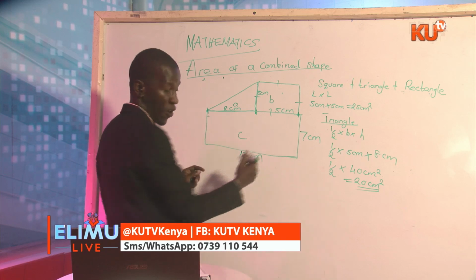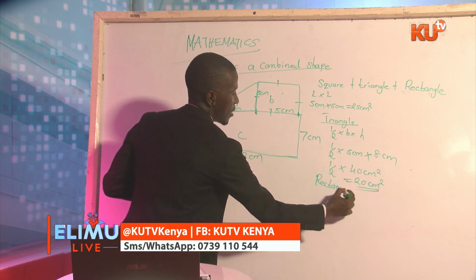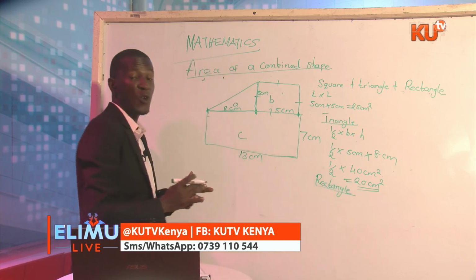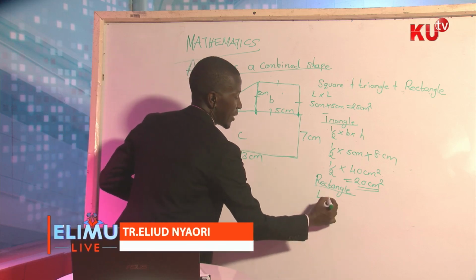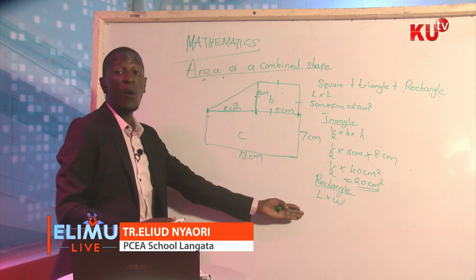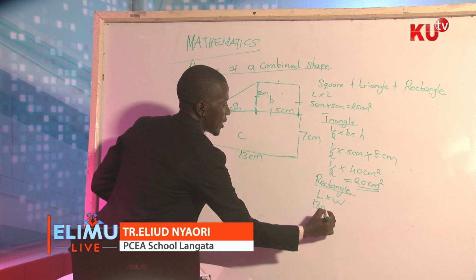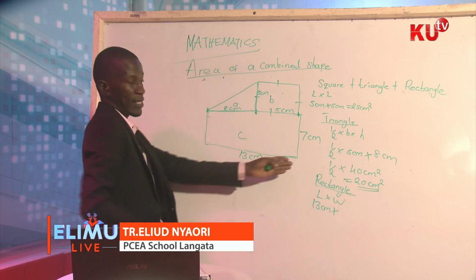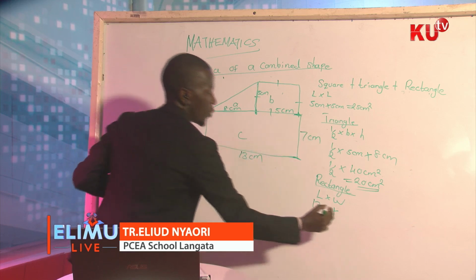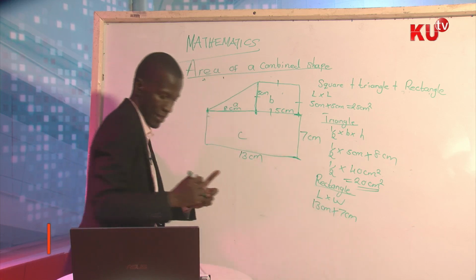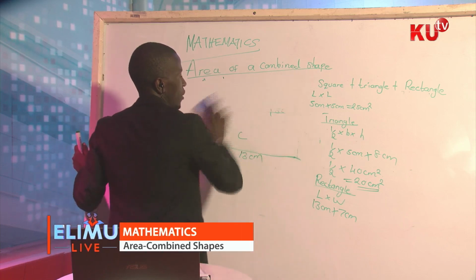Then we get the area of the rectangle. How do you find the area of the rectangle? Area of the rectangle is equal to length times width. What is our length? This is the length, which is 13 centimeters, times the width. The width is from this part to this part, which is 7 centimeters. Allow me to rub this part because I want to believe you have seen it now.